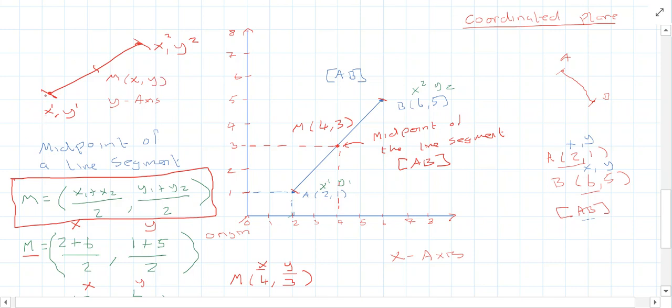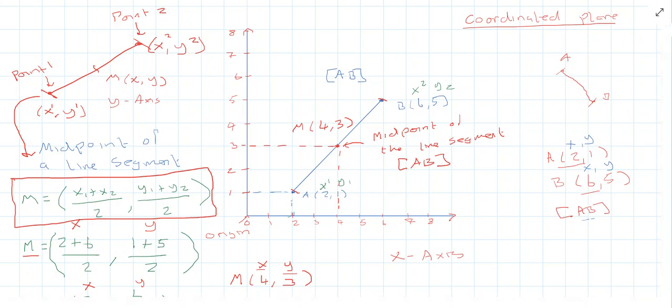So we take whatever the x and y coordinate is for the first point. So let's say we call this point 1, and then this is point 2, and they have the corresponding x and y coordinates. Then we take the actual values and we substitute them into this formula, and that will give us the x and y coordinates of the midpoint.